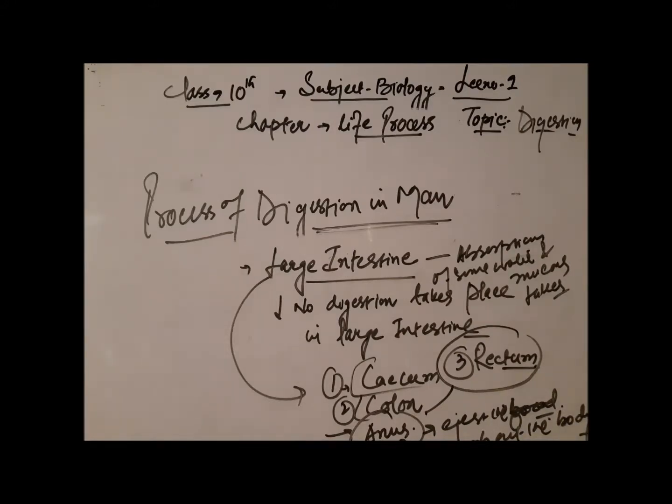So in this way, the process of digestion gets completed in humans. The processes that take place in digestion are ingestion, digestion, absorption, assimilation, and egestion.